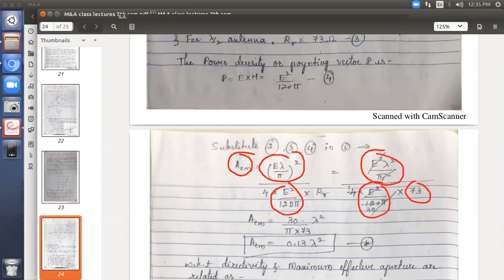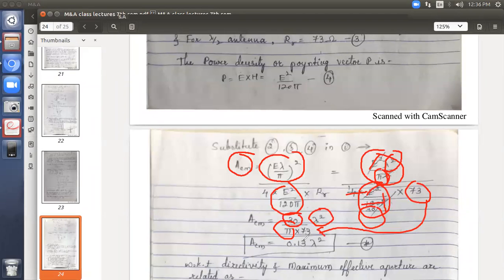Okay, E square gets cancelled. Then 4 ones are 4, 30s are. Then out of pi square, 1 pi gets cancelled, denominator. Remaining are, this denominator of the denominator 30 will come to the numerator, and you have lambda square here, lambda square as it is. 1 pi is left out from pi square, that pi, and 73 ohm.